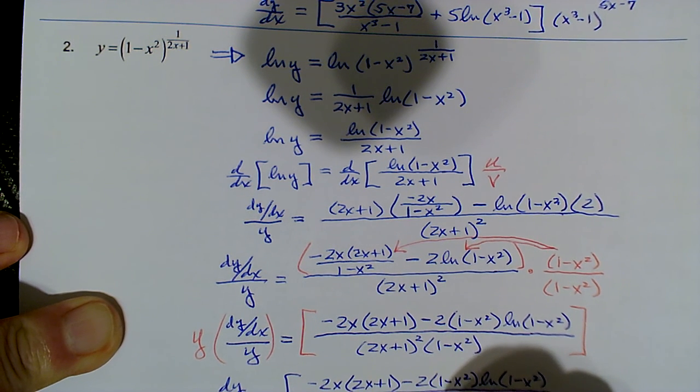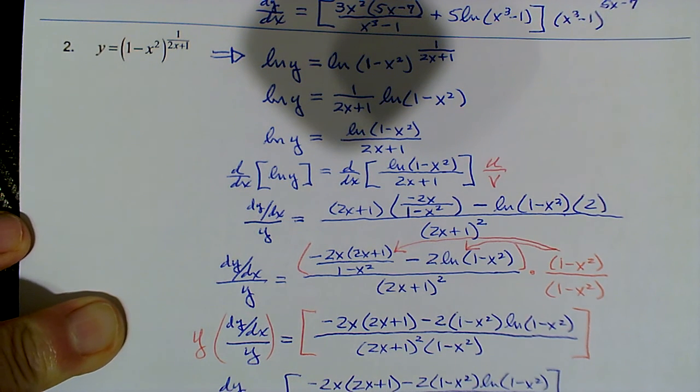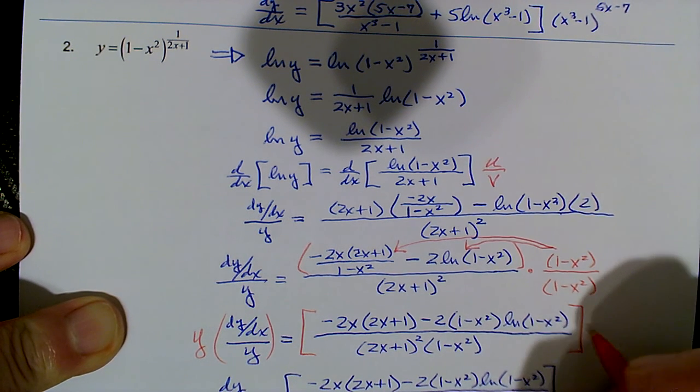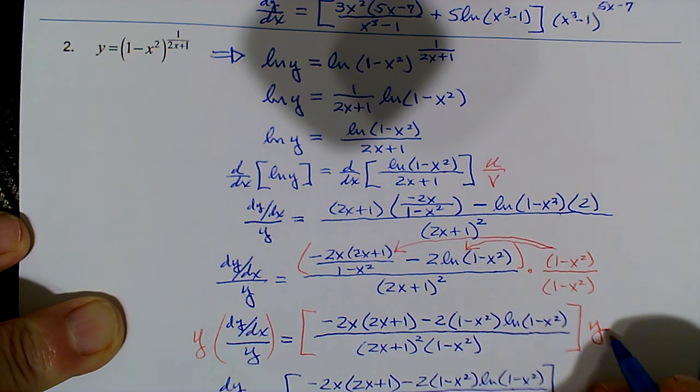And make sure to indicate, oops, I forgot to write it in here. I multiplied that side by y. I should indicate I'm multiplying this side by y as well. And in the final answer, make sure, of course, you indicate that it's being multiplied by y.